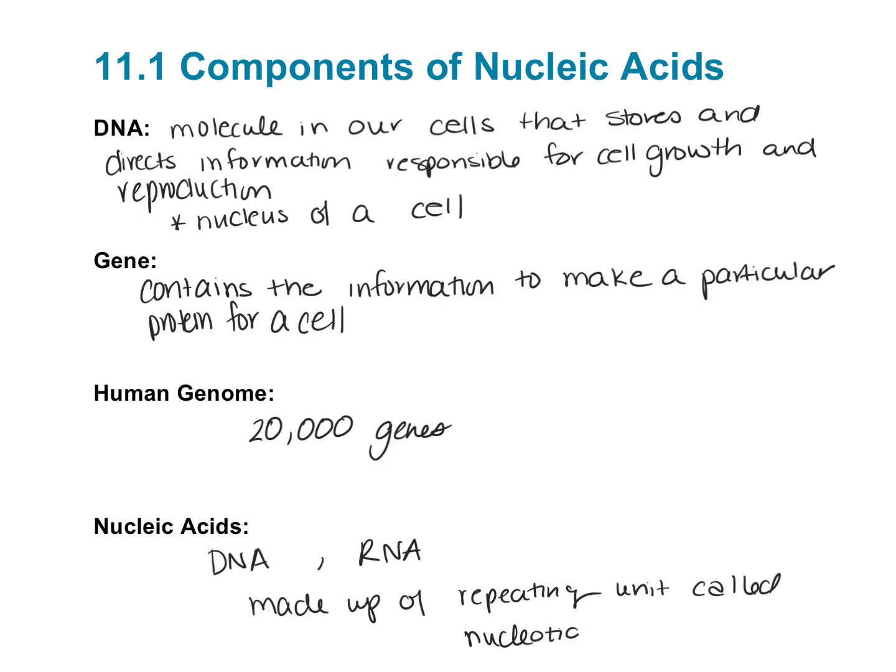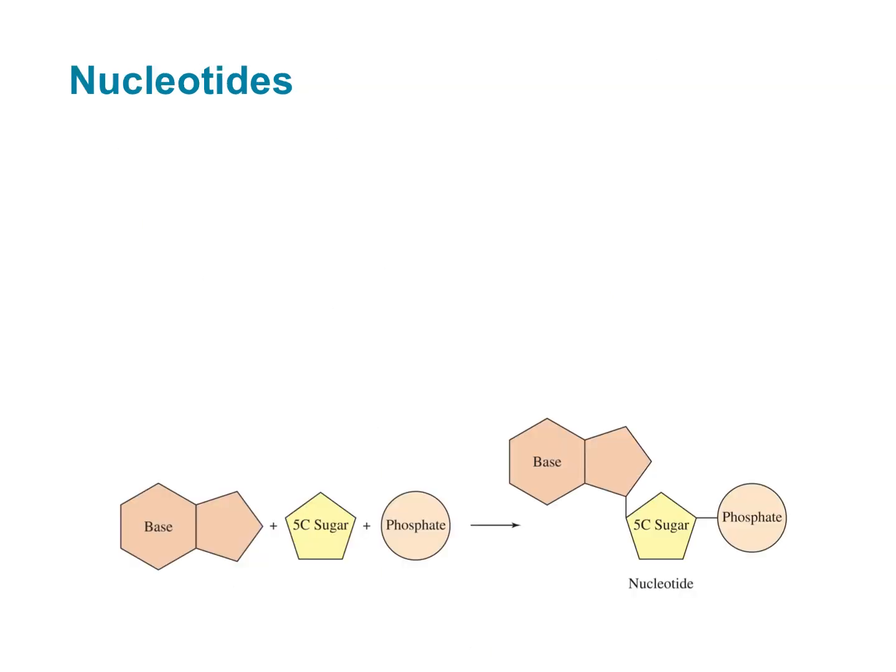These are really big molecules, polymers, so they're biopolymers. They have these repeating units. Over the next few slides, we're going to explore the structure of the nucleotide building blocks. That's going to help us understand the structure of nucleic acids and genomics, and then the study of genes and their interactions. So we're going to jump into nucleotides.